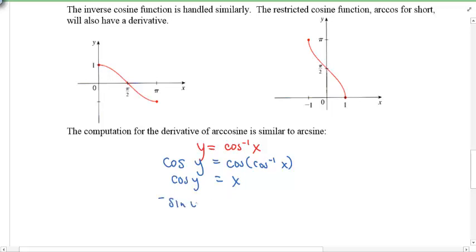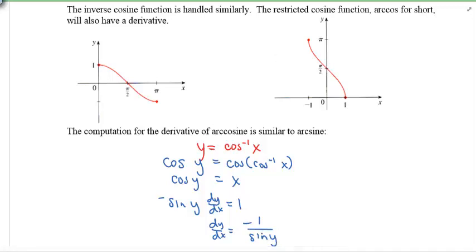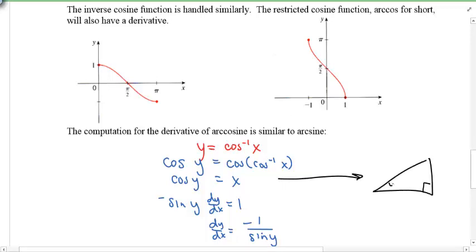Derivative of cos is negative sine y dy dx. So dy dx equals negative 1 over sine of y. Where's my triangle? Cosine in this case is x over 1. So this becomes 1 minus x squared.